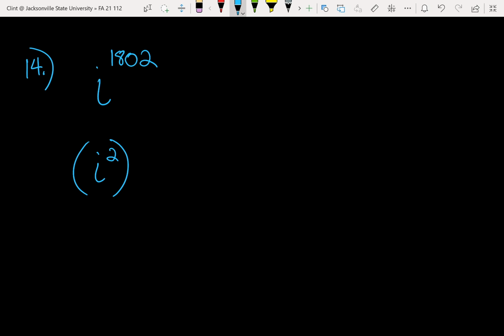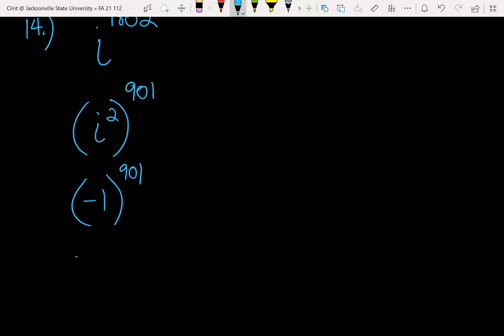So divide 1802 by 2, get 901. i squared is negative 1. And then if we are raising negative 1 to an odd power, we end up with negative 1. And there's 4 ways those can turn out. You either get 1, negative 1, i, or negative i. Okay.